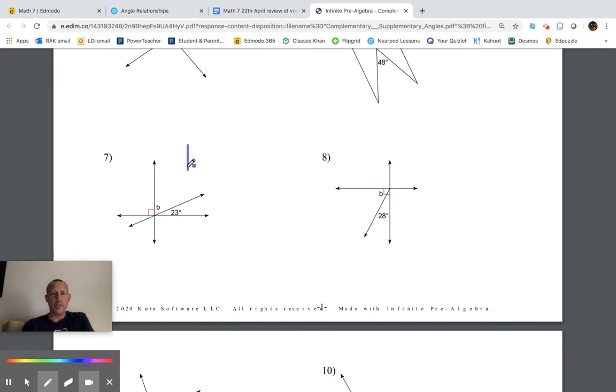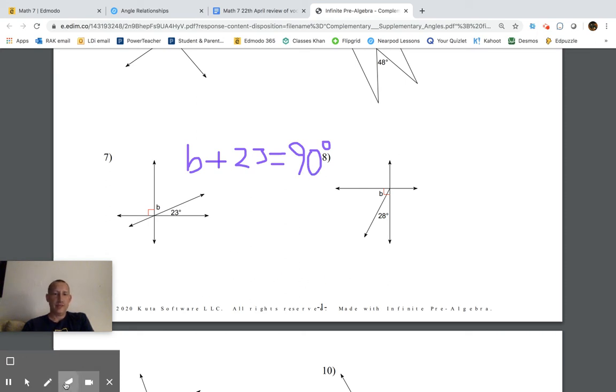We can do B plus 23. Because these are complementary, they have to equal 90 degrees. Complementary just means they add up to a right angle, 90 degrees. So again, you can find out B simply by subtracting 23 from 90.